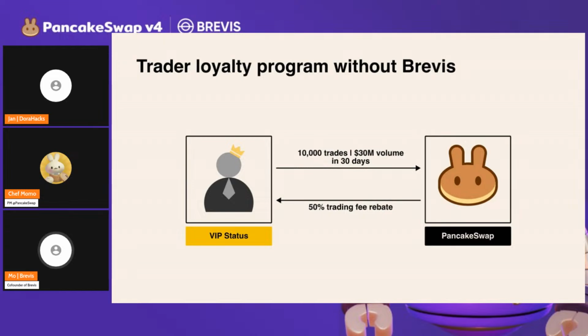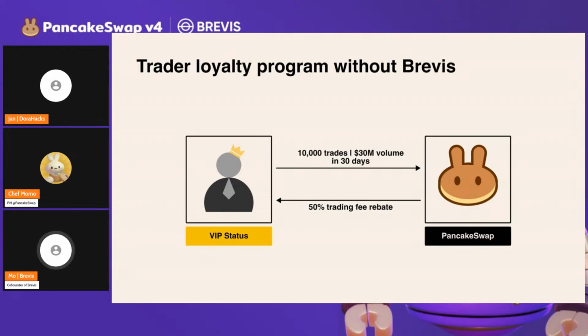Let's say in the past, for PancakeSwap and for any other DEX in the market, if you want to say, okay, we want to reward a loyal trader who traded more than 10,000 trades, let's say a $30 million volume in the last 30 days, and to reward this loyal trader we want to give them a 50% trading fee discount in the next month.